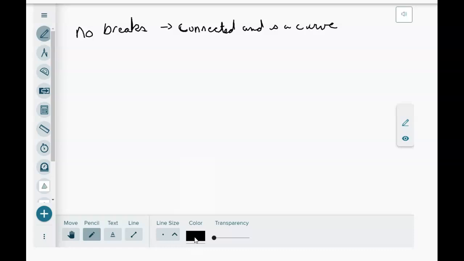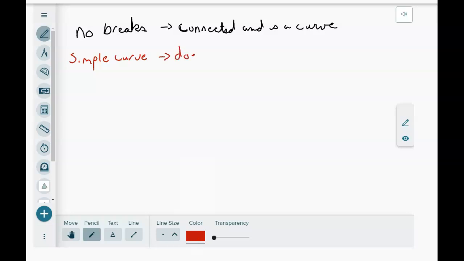Now there are multiple different types of curves. The first one that I want to look at is just a simple curve. Now, when we talk about a simple curve, a couple of things. It does not cross itself.